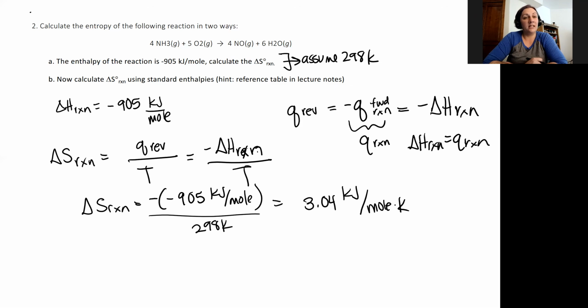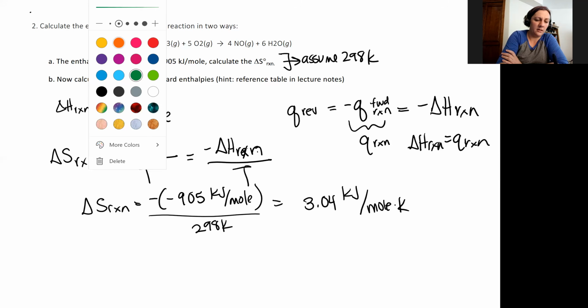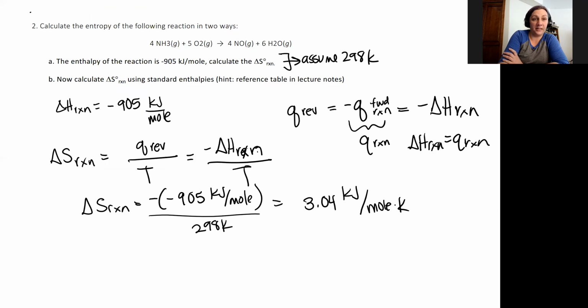Now let's take a look at calculating it with standard entropies of reaction. I use the reference table that's in your lecture notes that came out of a textbook. My first step really was to look up the values for our standard entropies.